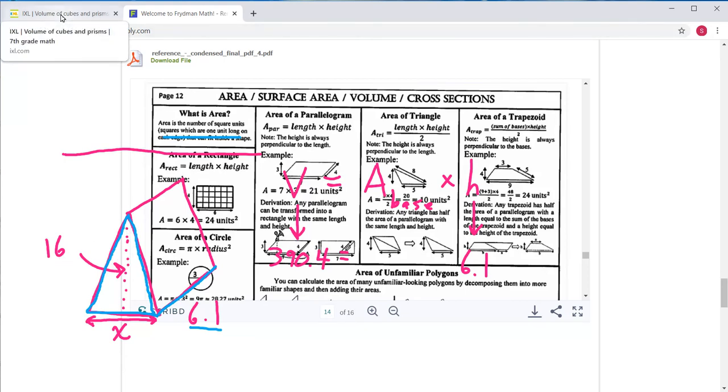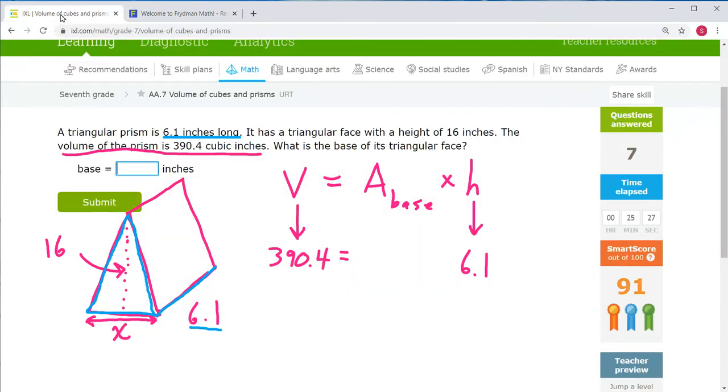So let's go ahead and put that into our formula here. We will say that the area of the triangle is 16, which is the height, times the length, which is x, so I'll just write 16x, divided by 2.